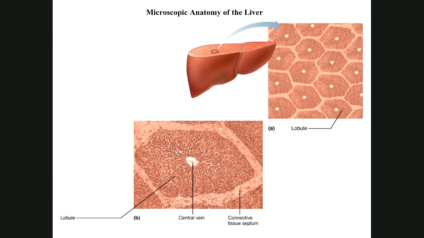They are made of hepatocytes or liver cells that filter and process nutrient-rich blood. And we have the central vein that is localized in the longitudinal axis.